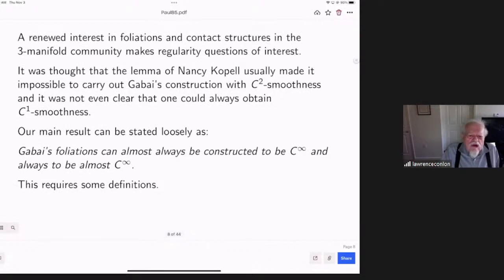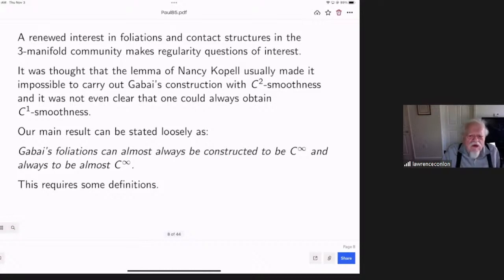Now, a renewed interest in foliations and contact structures amongst three manifold topologists makes regularity questions of interest. And it was thought that the well-known lemma of Nancy Kapell would make it impossible for Gabai's construction generally to be C2 smooth.